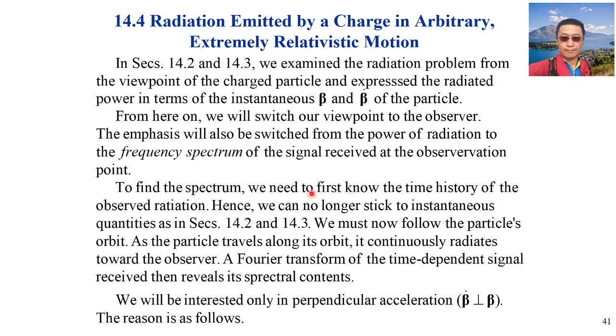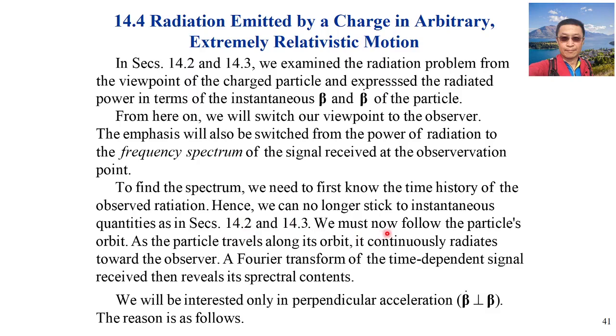So we need to know the time history of the observed radiation. Hence, we can no longer stick to instantaneous quantities, but quantities we can measure. So not instantaneous quantities as in sections 14.2 and 14.3.